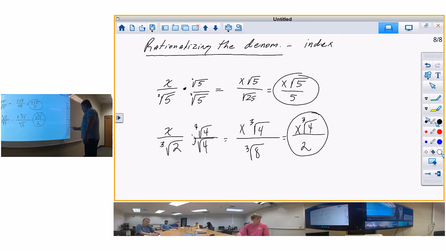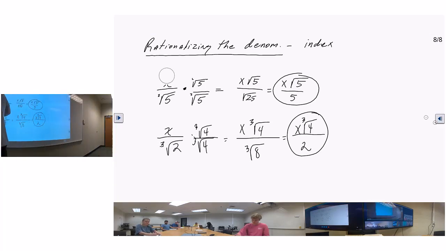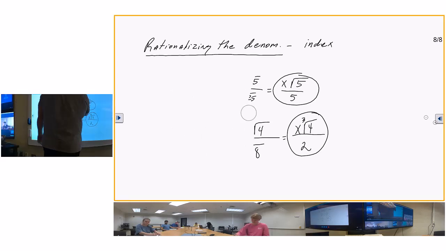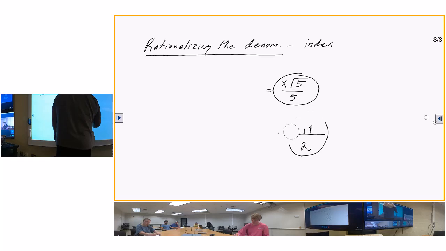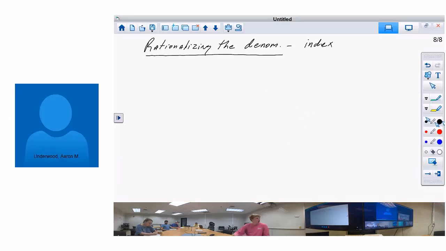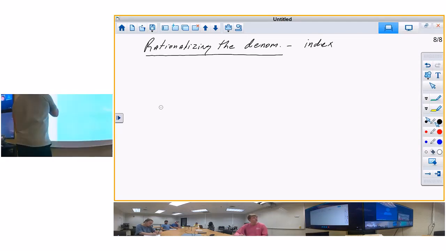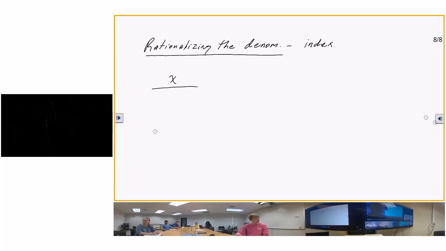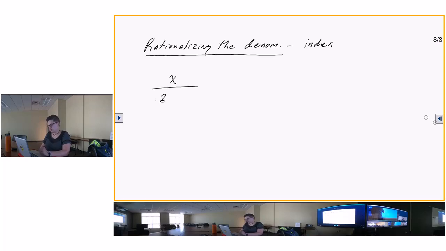Now, let's step it up a notch, and let's take it to a problem that you might see in a limit. In a limit, you might see something like x over 2 plus 4i.